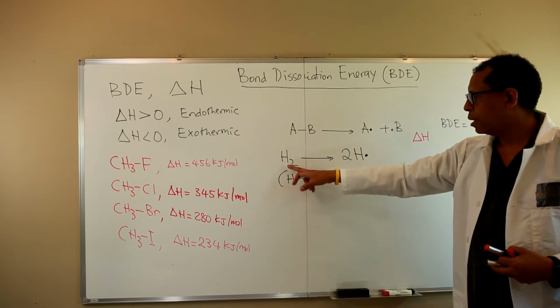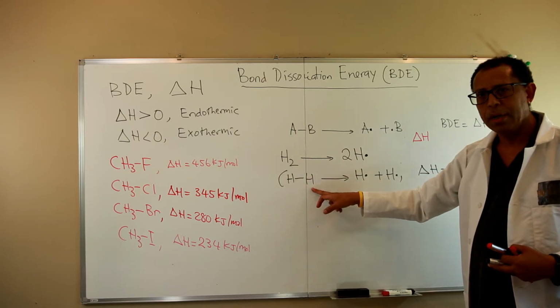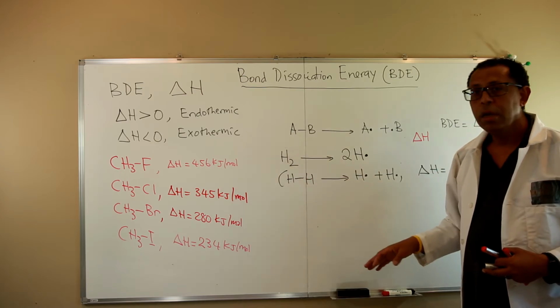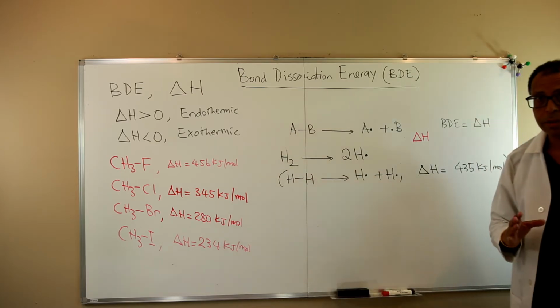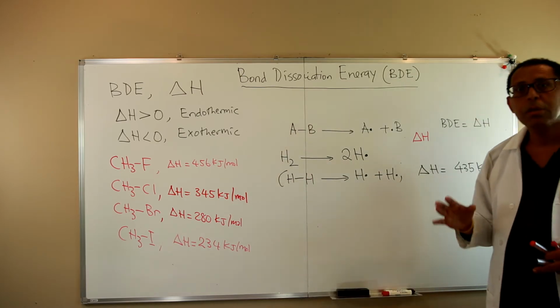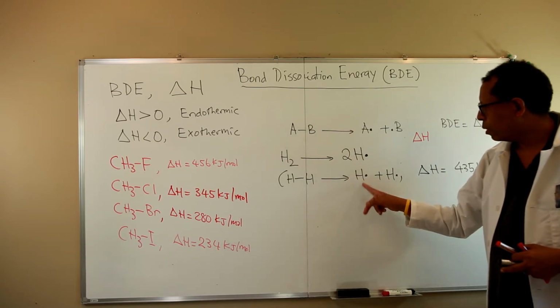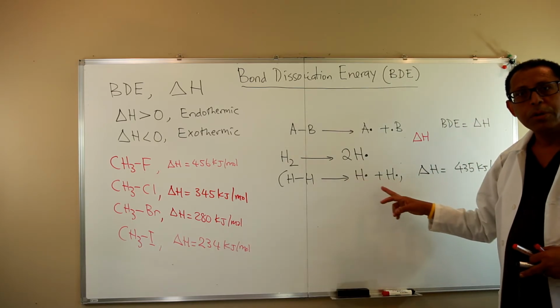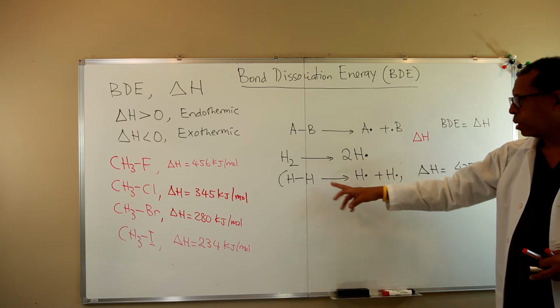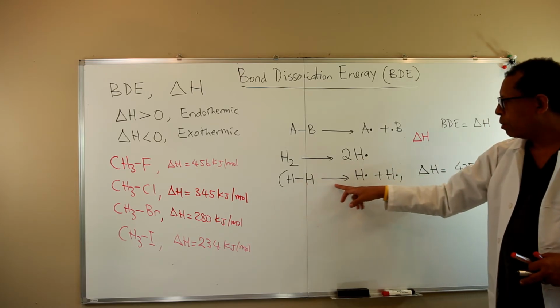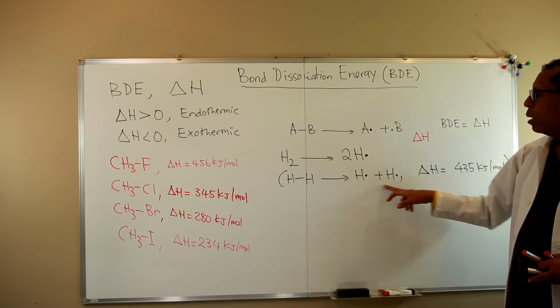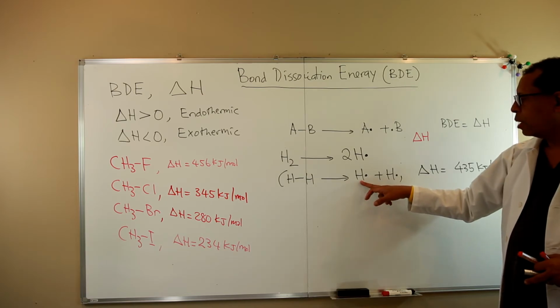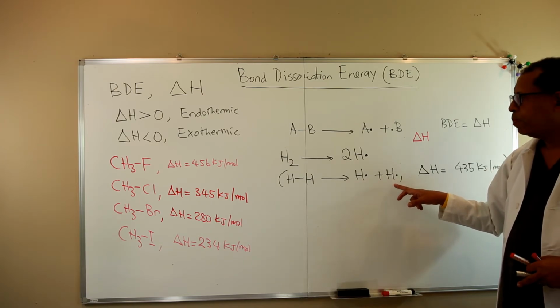Hydrogen is a single H-H bond. If you want to split hydrogen, you need to put in energy to convert it into hydrogen radicals, so H-H is broken into two radicals, H radical and H radical.